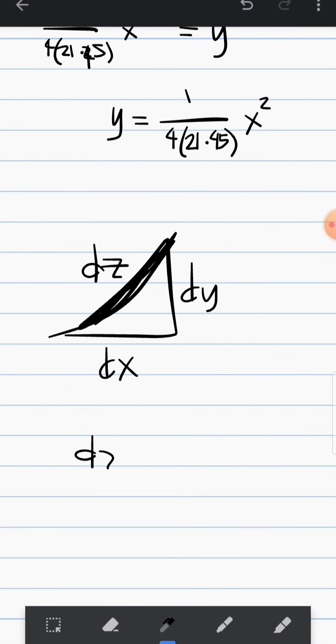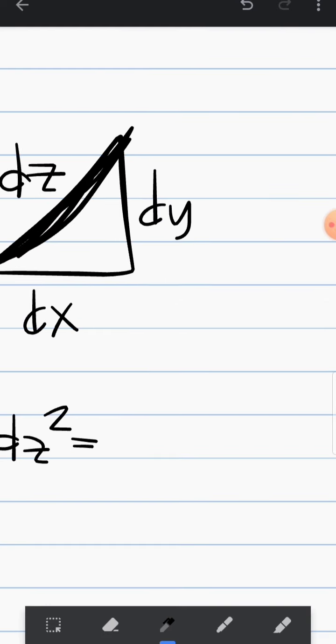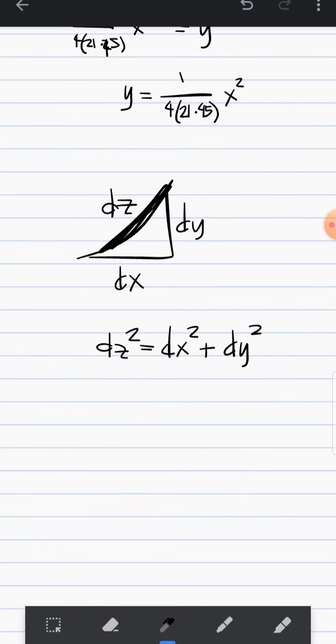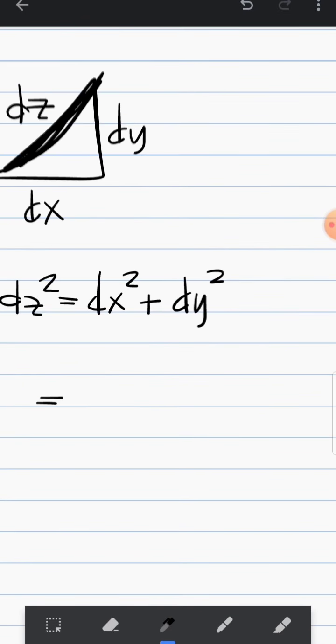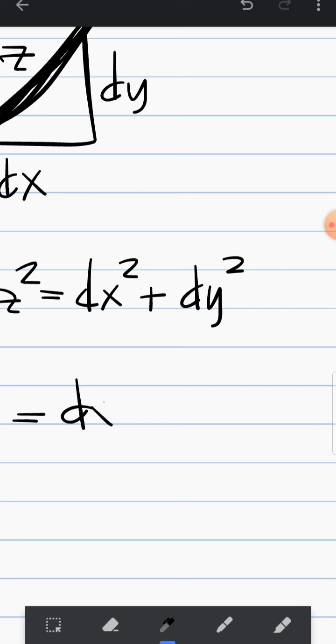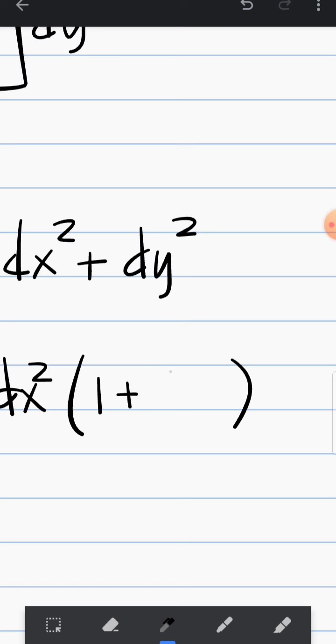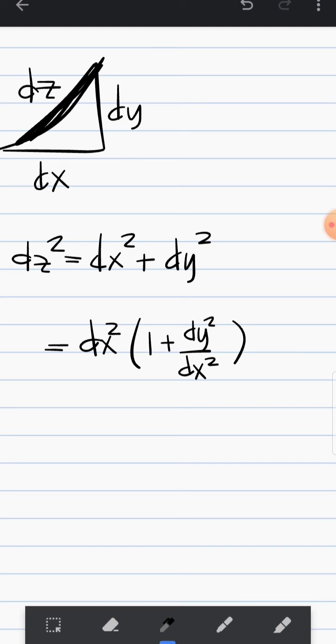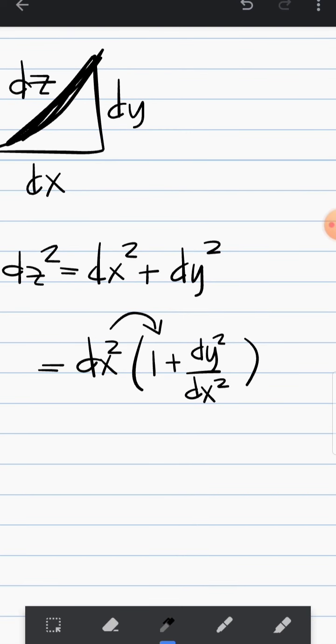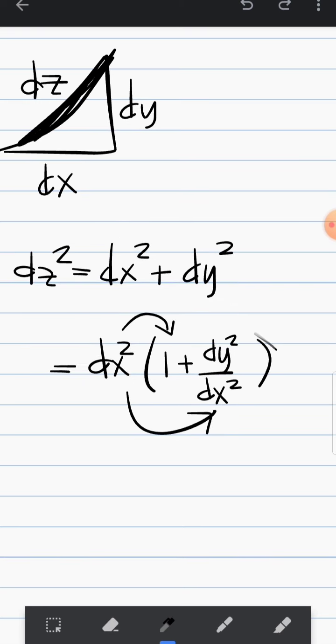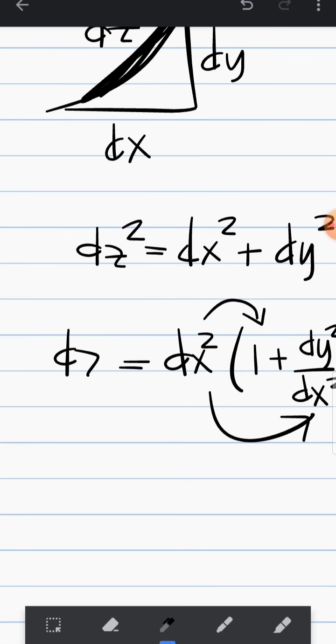So if we get the relationship through the Pythagorean theorem, then dz squared equals dx squared plus dy squared. If we factor out dx squared, we get dy squared over dx squared.